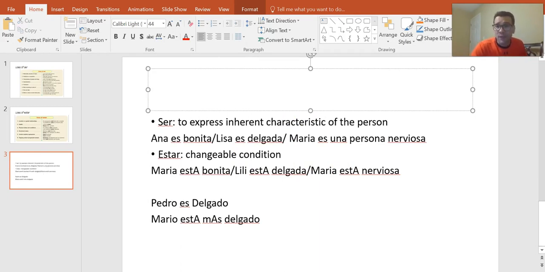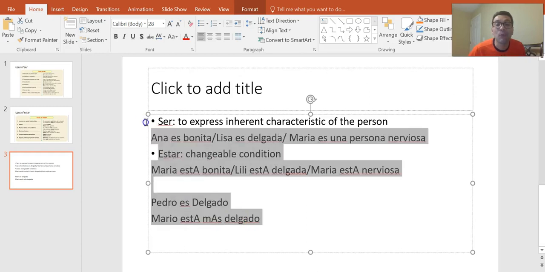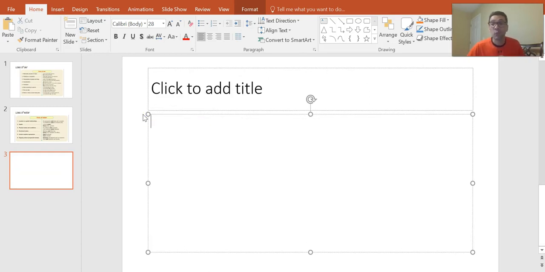There is another use of ser and estar that could be tricky that depends on the denotation. It means what the adjective will mean based on the uses of ser and estar. For example, ser plus a certain adjective will mean something.